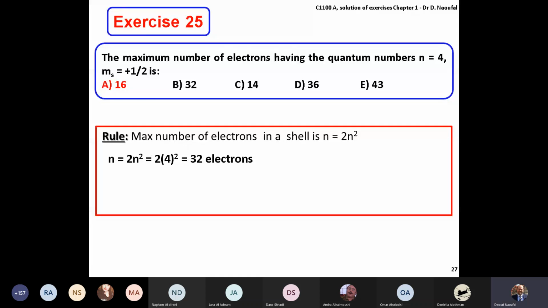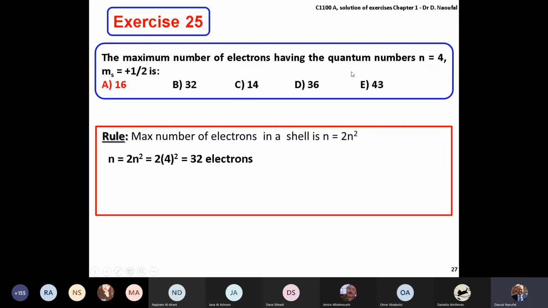For a certain value of n, we have a maximum of 2n squared electrons. In level 1, 2 times 1 squared, we have a maximum of 2 electrons. In level 2, 2 times 2 squared, 2 times 4, we have a maximum of 8. In level 3, 2 times 3 squared, we have 18.